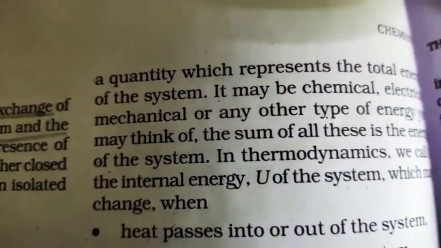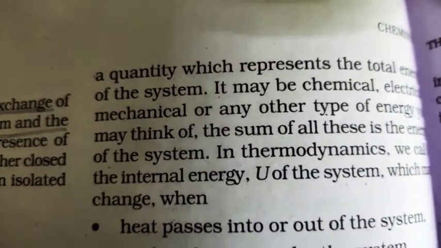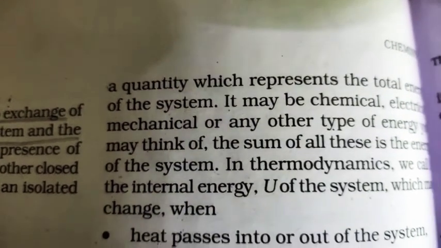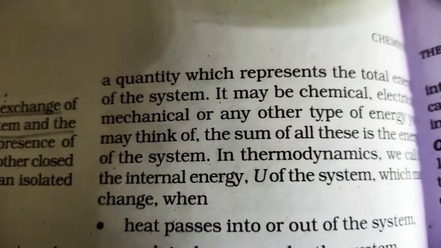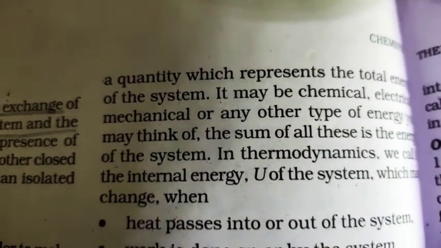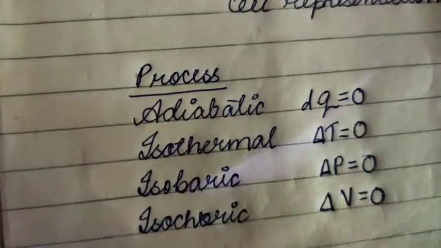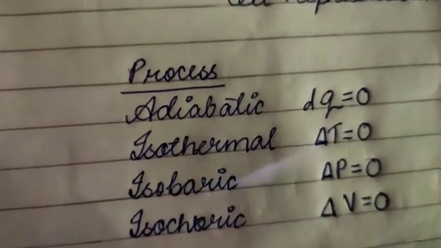In a body, there can be potential energy, there can be kinetic energy, and there is chemical energy, electrical energy, mechanical energy. So all these energies are stored inside the body. So the sum of all these energies in a system is called the internal energy, and it is depicted with a capital U.